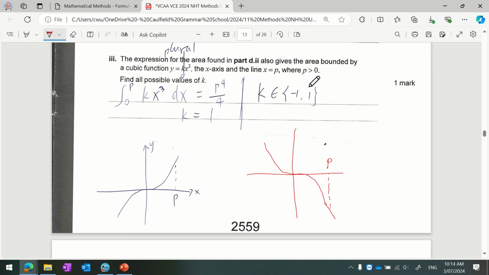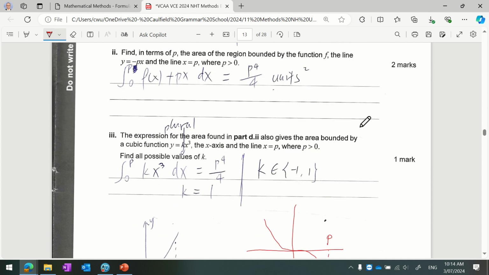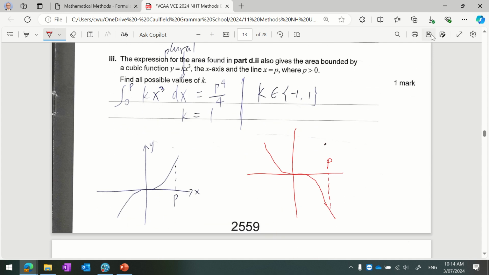So we need to also include the number -1 in the answer. So k is an element of -1 and 1. So this is a set of numbers over here with those brackets here. Okay, and actually let me write that. So if k is negative, we also need to consider that case.